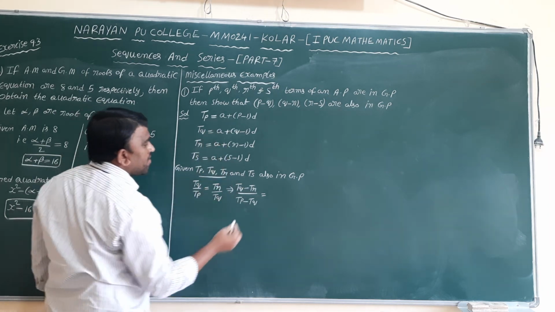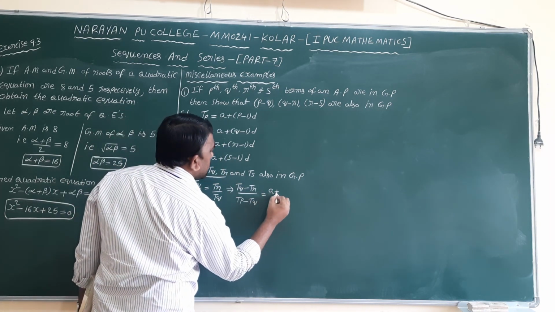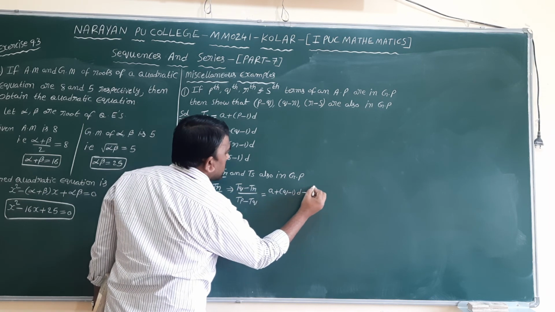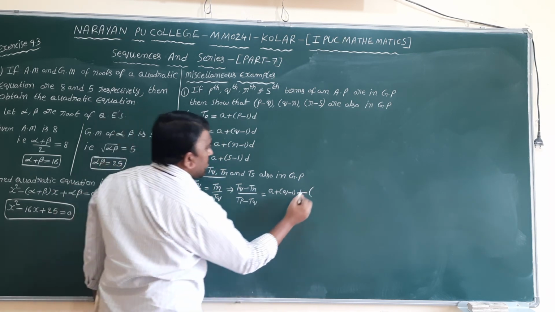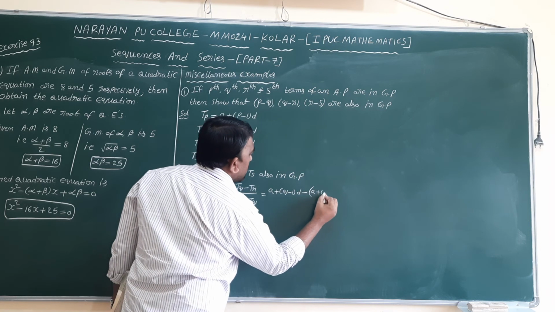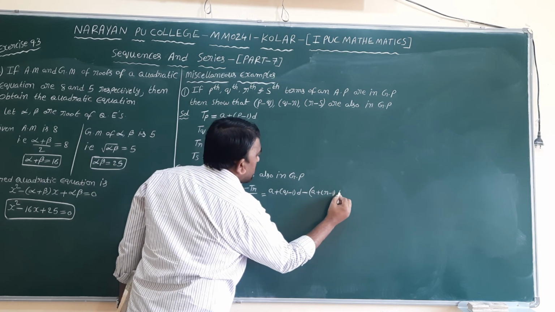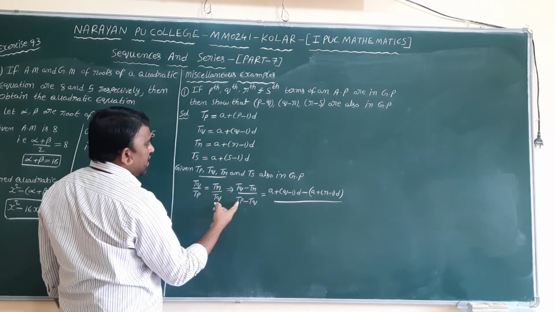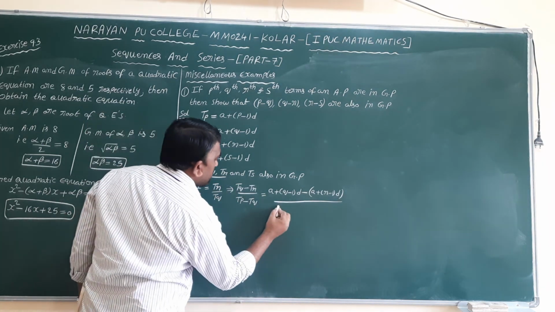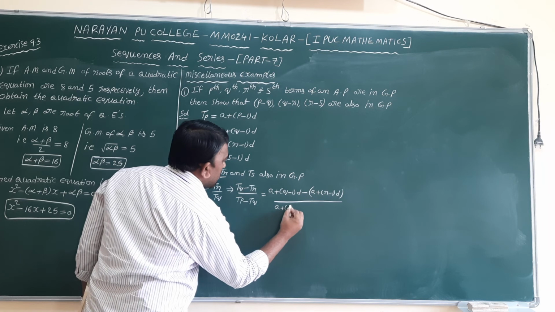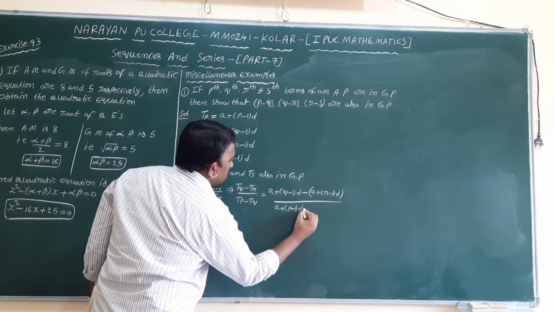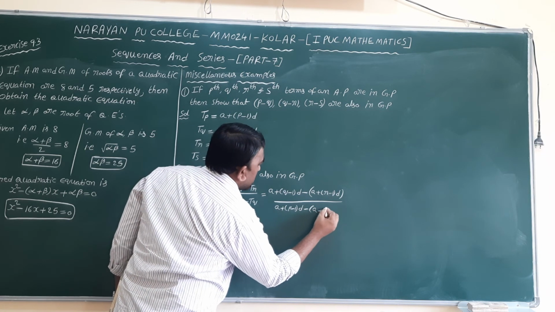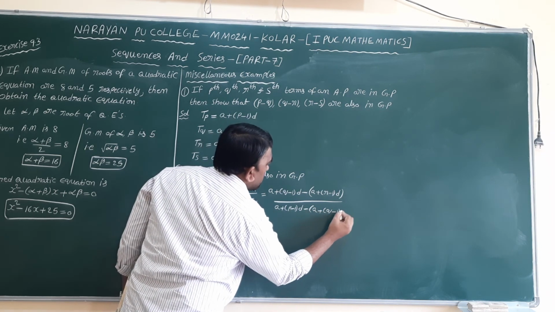Tq minus Tr: a plus q minus 1 into d, minus a plus r minus 1 into d, divided by Tp minus Tq: a plus p minus 1 into d minus a plus q minus 1 into d.